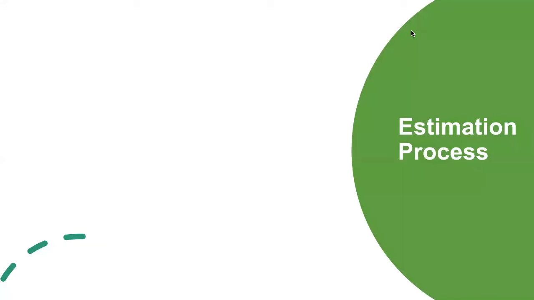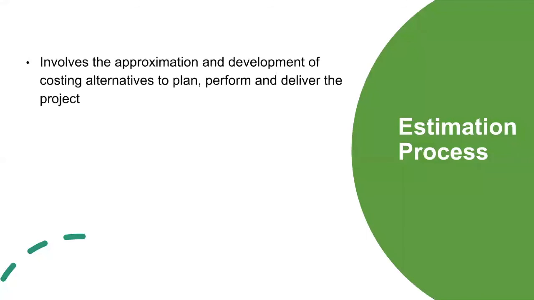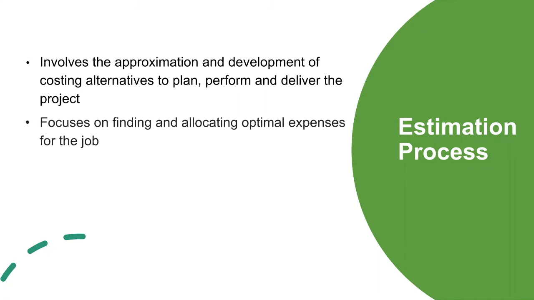Estimation process. The process of cost estimation determines an amount of resources required to accomplish project activities. It involves the approximation and development of costing alternatives to plan, perform, and deliver the project. It focuses on finding and allocating optimal expenses for the job.